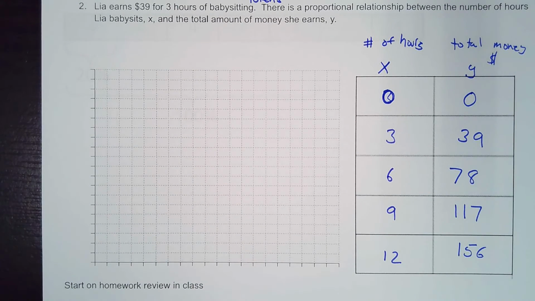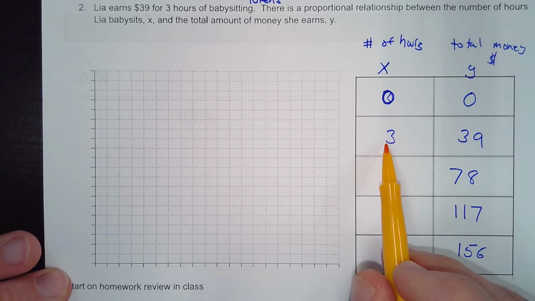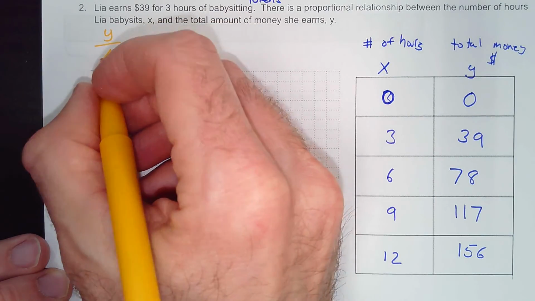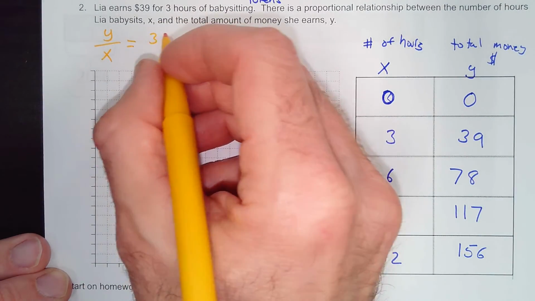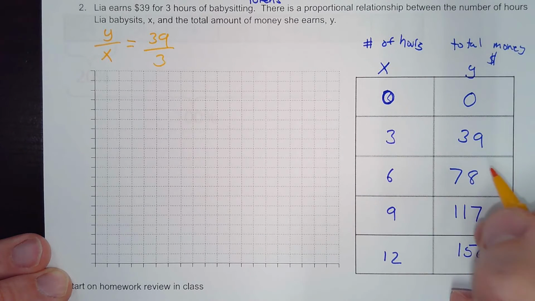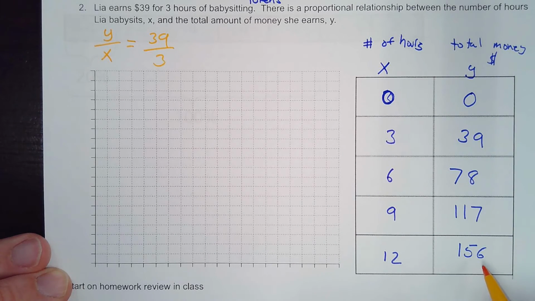It tells us it's proportional. We already know that. So let's find our constant of proportionality, or unit rate, by taking y over x. y over x equals 39 over 3. You could pick any set. If you did 156 over 12, it would equal the same thing. 117 over 9.